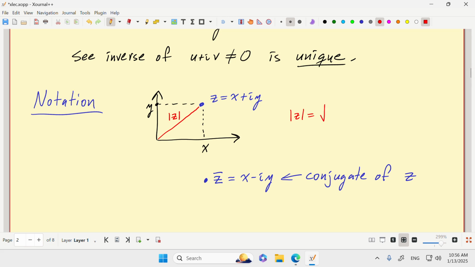That's the square root of x squared plus y squared, and that's called the modulus of z. It's that radius there. I find myself slipping and saying absolute value quite often, but that's different than the absolute value of a real number. It's that radial distance there.